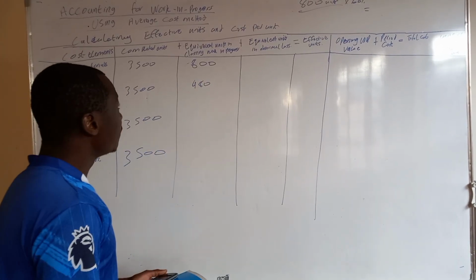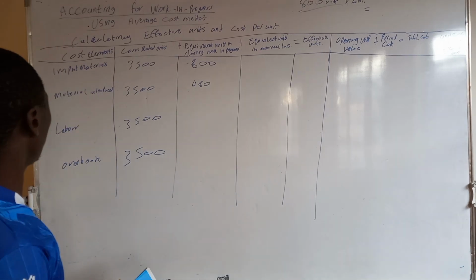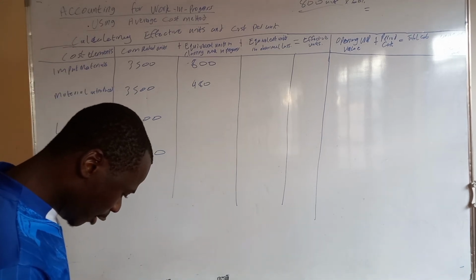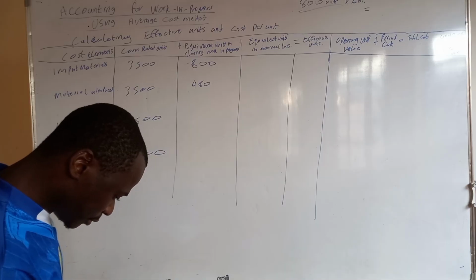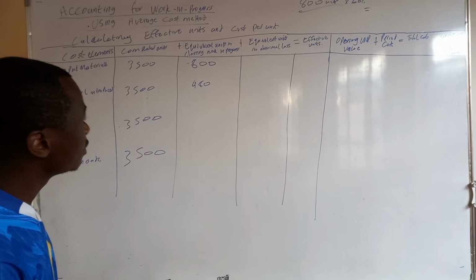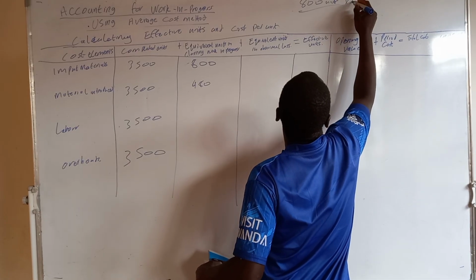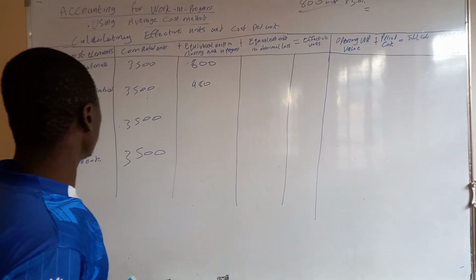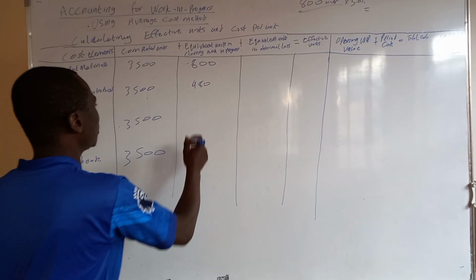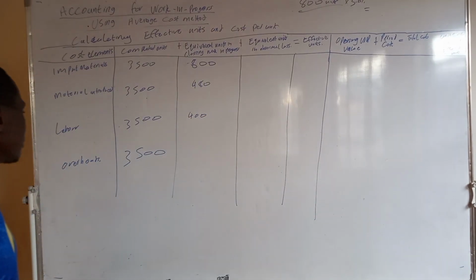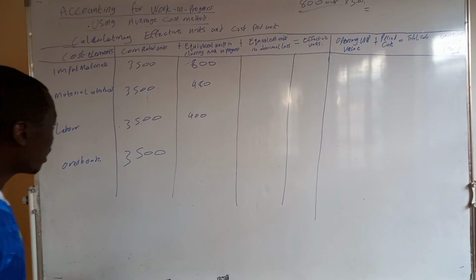Okay? Then we go to labor. Labor consumed so far is 50%. Then we multiply here by 50% to get labor. 50% of 800, that is 400 units. Then we have overheads.